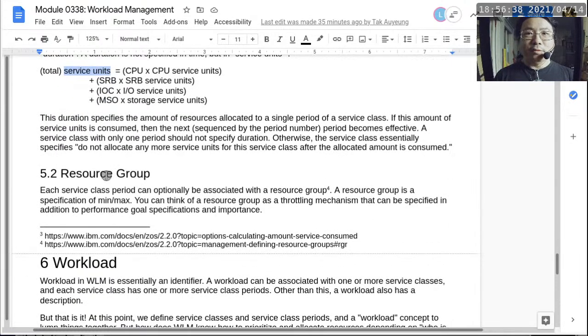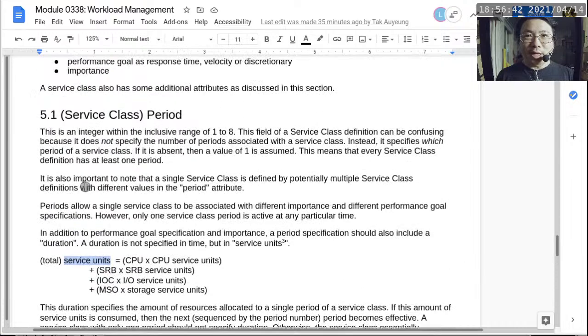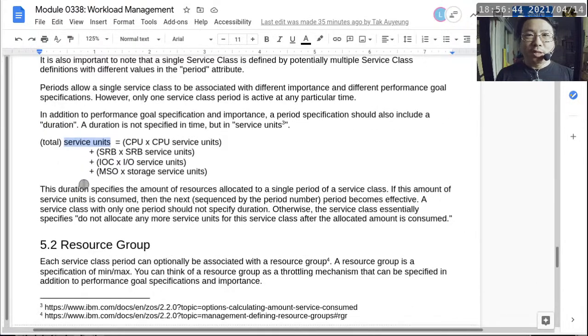All right, so we are not done yet as far as surface classes are concerned. Every single surface class period can also be associated with a resource group. A resource group is really just something that allows you to specify a minimum and a maximum of the resources that you can throw at a particular surface class.